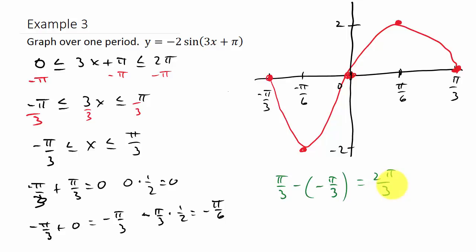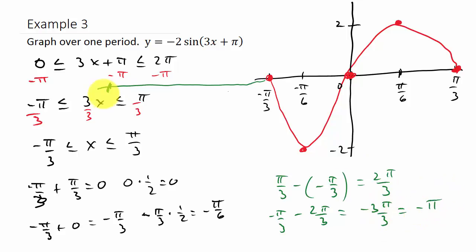Okay, so all you would do is, you could come out this way or you could go the other way. I don't have any more room here, but if you extended this on out, you would just mark off a 2 pi over 3 here. So you would do negative pi over 3, and then subtract 2 pi over 3, and that would give you negative pi, and then you would just break it up again.